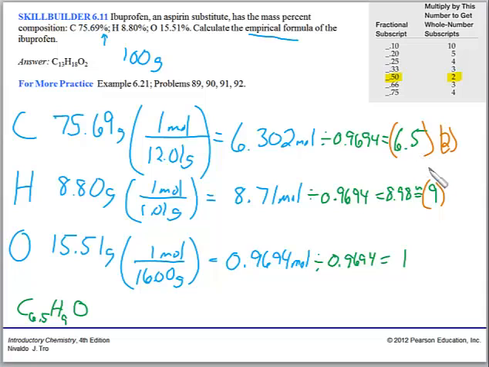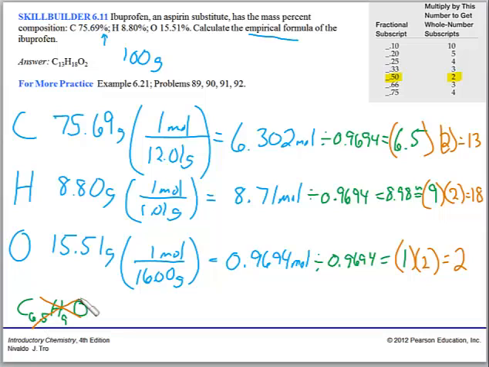This ratio is true, 6.5 to 9 to 1. If I mathematically change one, I have to mathematically change them all, and that will get me to my 13 to 18 to 2 formula.